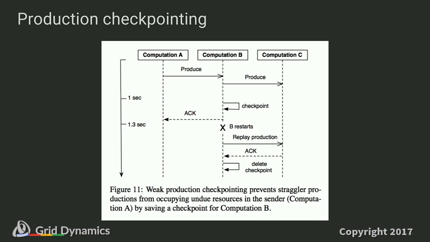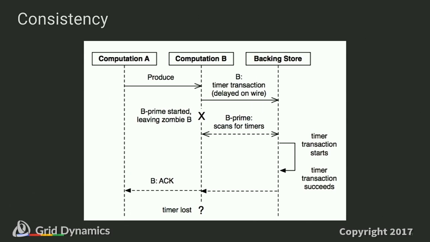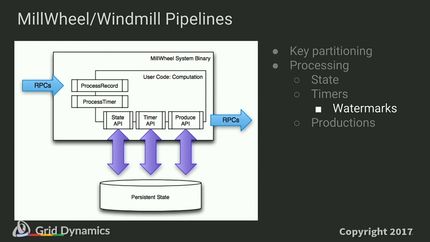Yes. Of the streaming shuffle, or the state? Yes, all of this. Millwheel would checkpoint to Bigtable, which is a large-scale distributed key value store. It's essentially what HBase was later based off of, and streaming Dataflow uses something similar.